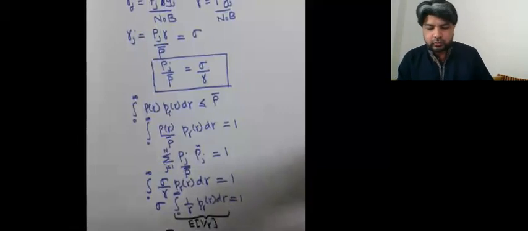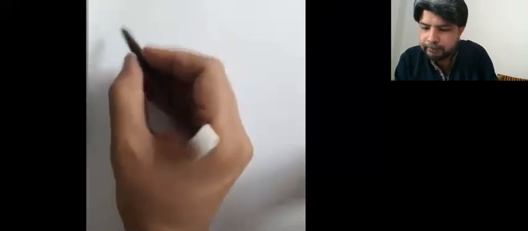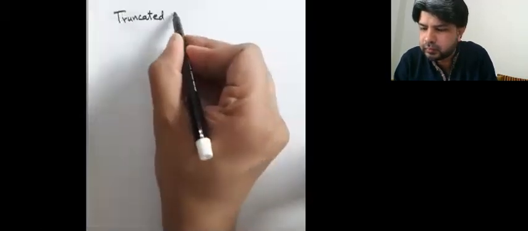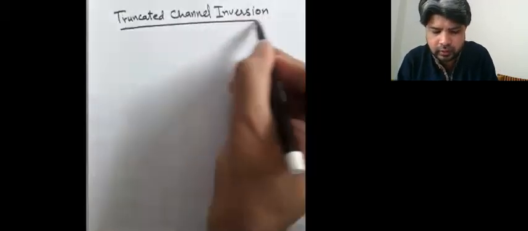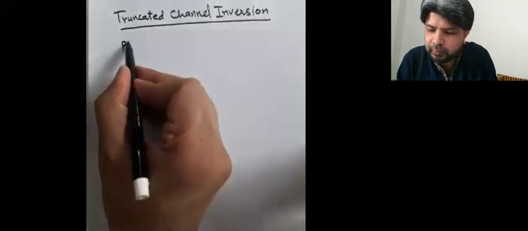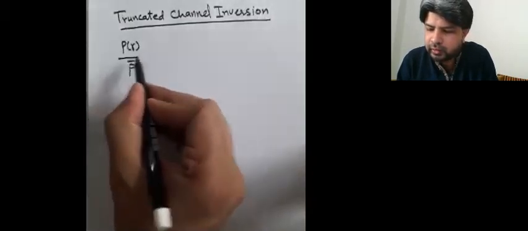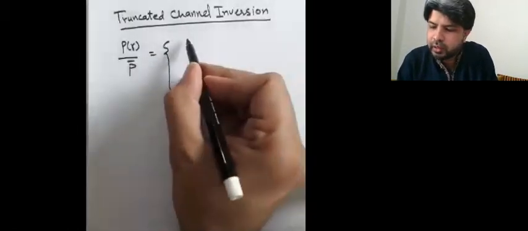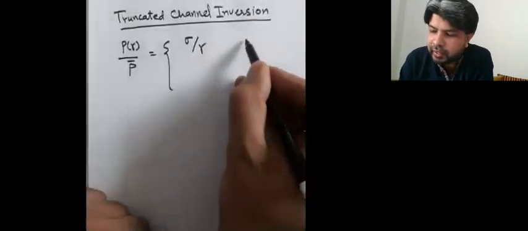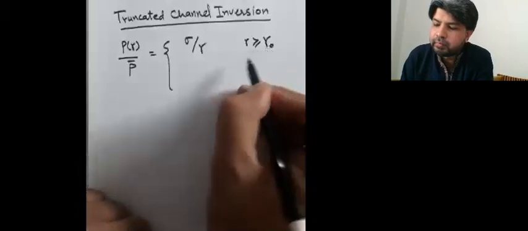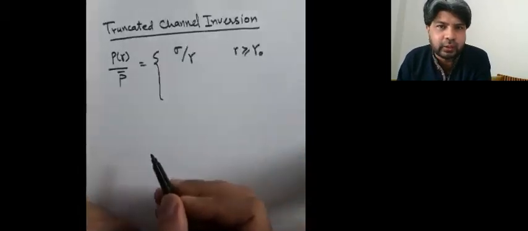In the truncated channel inversion, your power allocation strategy P of gamma over P bar is equal to sigma over gamma, which is your channel inversion, but only when gamma is greater than or equal to some threshold gamma naught.